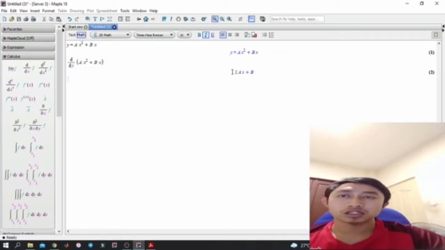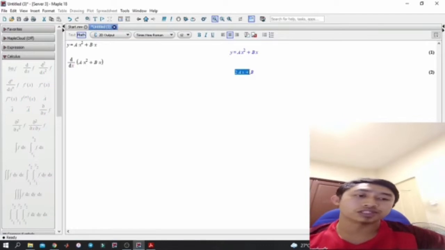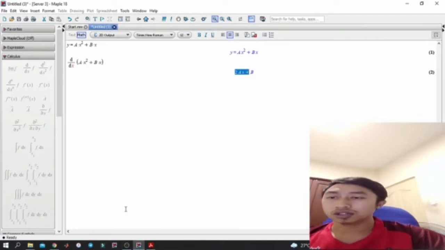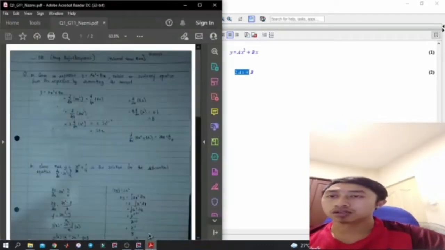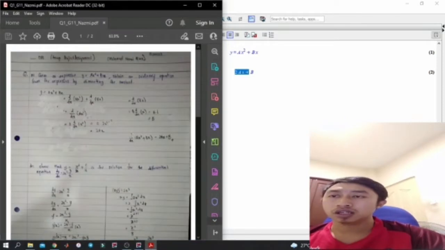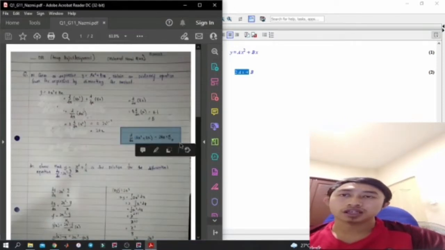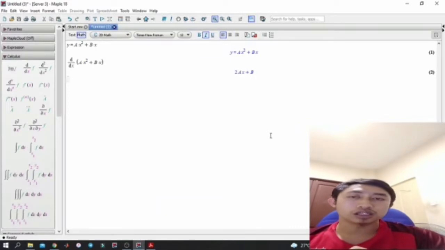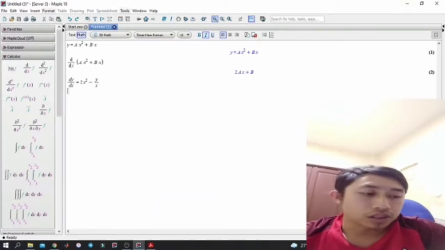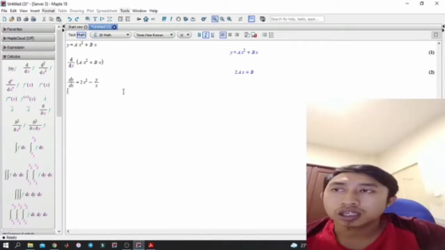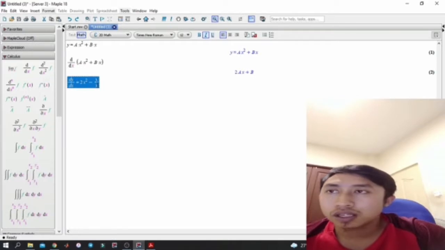So this is the answer for question 1A. As we can see, going back to the manual calculation, it is the same, and we prove the answer is correct. For question 1B, they already wrote it into the software.